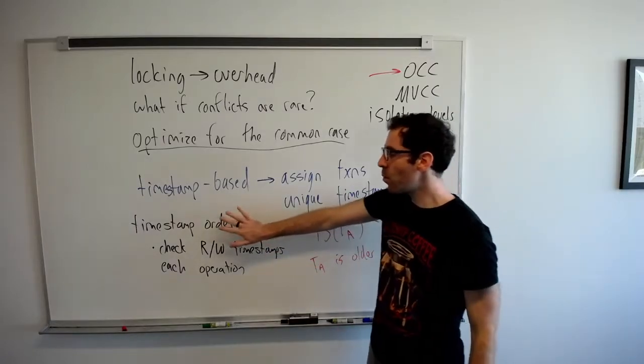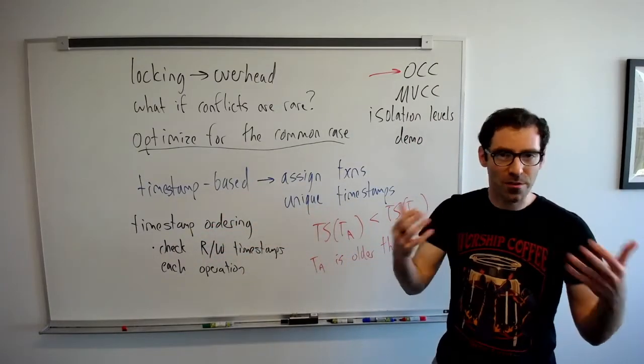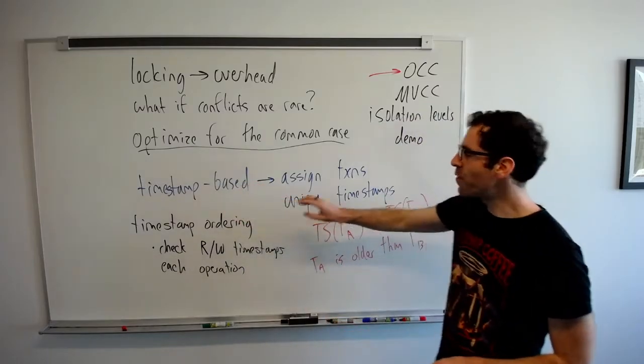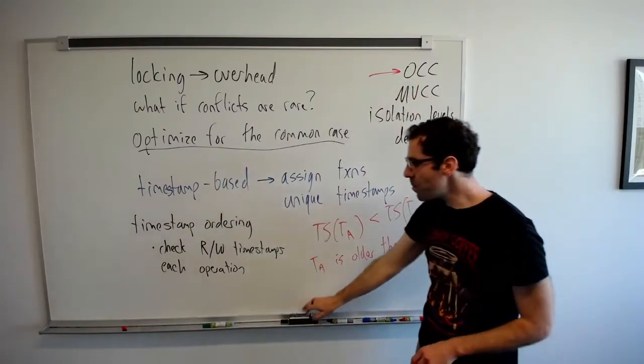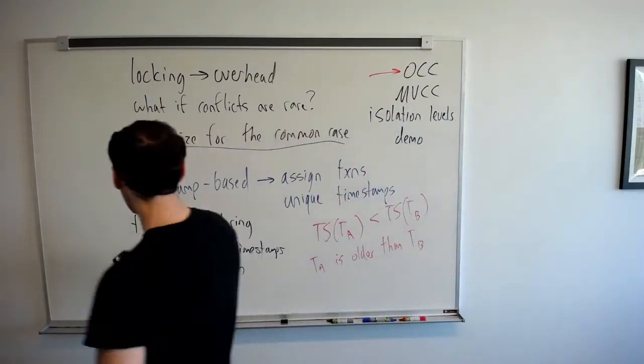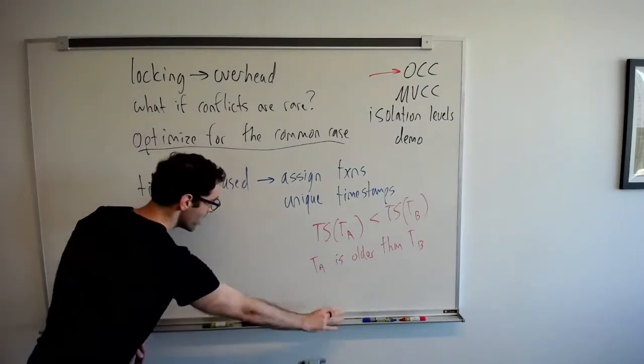Now, that's all I want to say about timestamp ordering because in practice it's not very commonly used. And instead, I want to focus on a similar type of optimistic concurrency control, which I'm not in charge of naming these things.